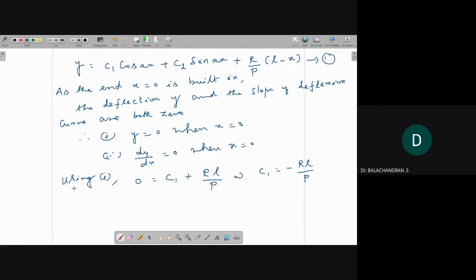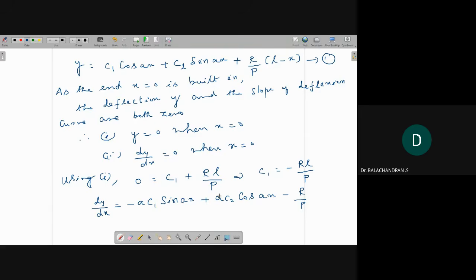If you differentiate 1 with respect to x, you get dy by dx equal to minus a c1 into sin ax plus a c2 into cos ax, and if you differentiate the last term with respect to x, you get minus R by P.